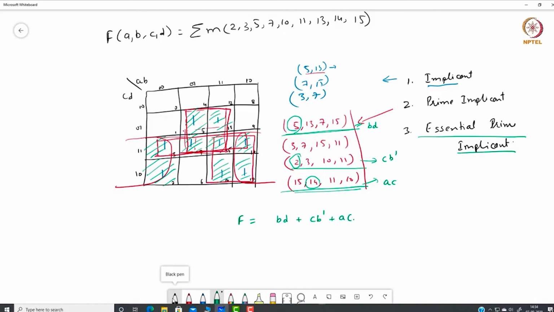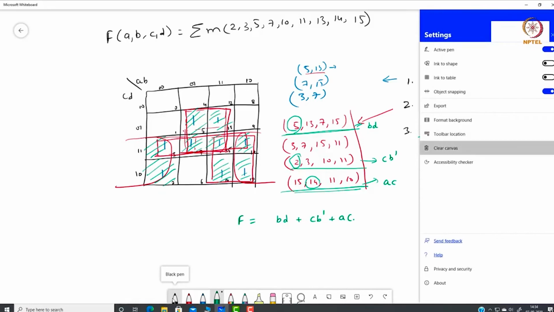This is the minimum sum of product expression for this function. So let us quickly take one more example that will help us in understanding this whole procedure of finding essential prime implicants and finding the most optimized expression.